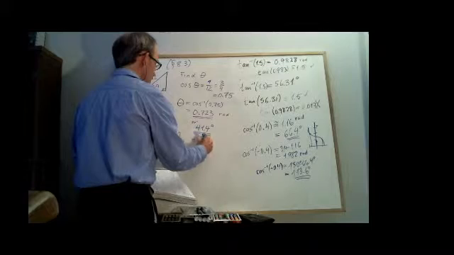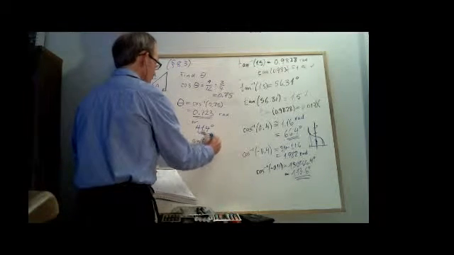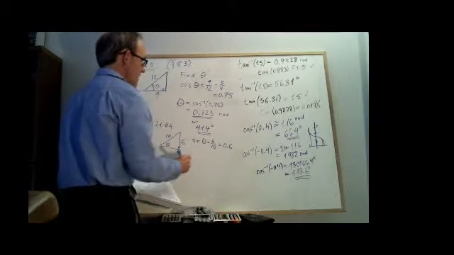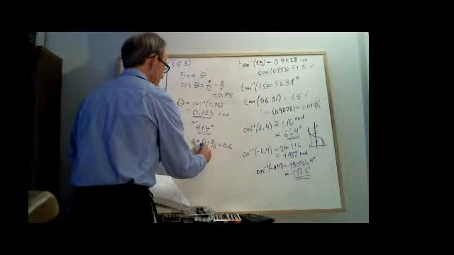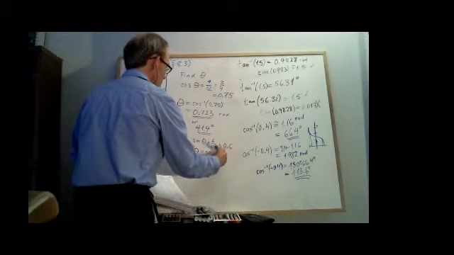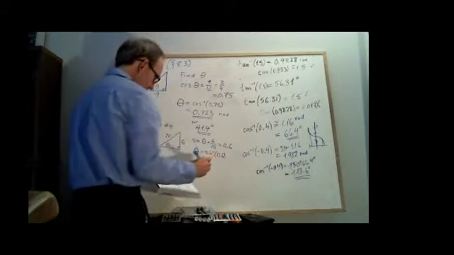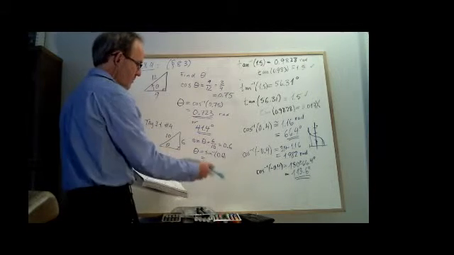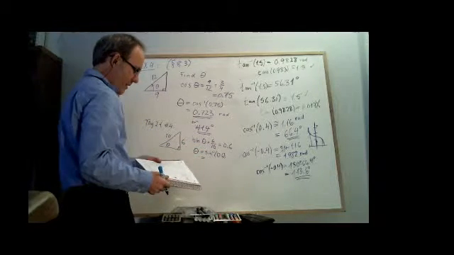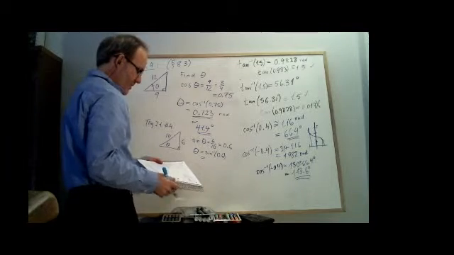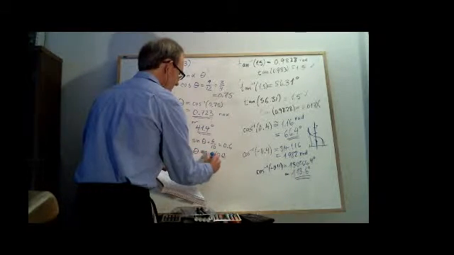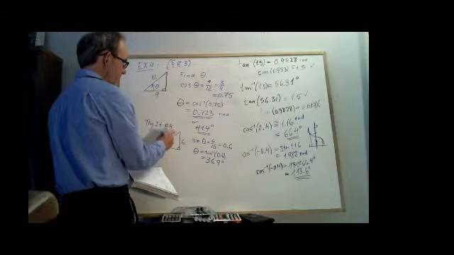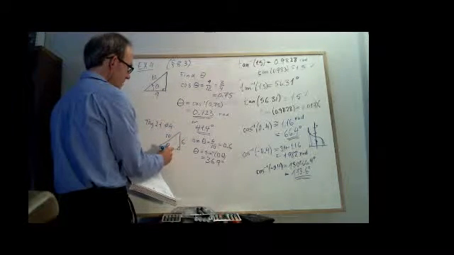So sine of theta is 6 over 10, which is 0.6. If you take the inverse sine of 0.6, that will give you theta. We've done that particular calculation before. I think that was the first time I used the inverse trig functions and showed you how it worked. And you get this angle, 36.9 degrees. So this is actually a 3, 4, 5 triangle in disguise. This side will actually turn out to be 8.